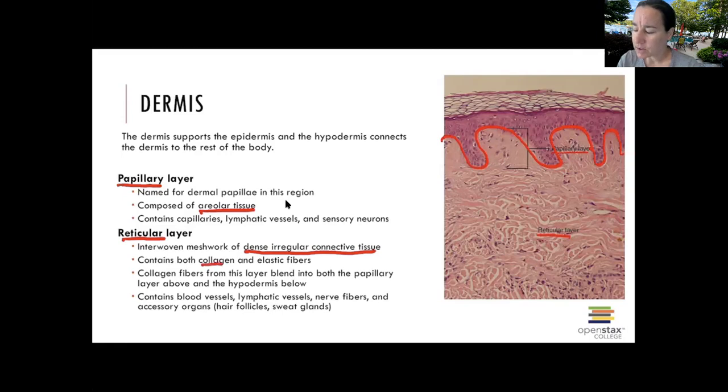So you're going to have in the reticular layer dense irregular connective tissue. You're going to have collagen, you're going to have elastin, so it is both strong and stretchy. And you're going to have in this area the blood vessels, the lymphatic vessels, nerves, and accessory organs, those hair follicles and sweat glands, are going to be in the dermis too. So we're going to see them in the dermis, and they're going to come up through the dermis into the epidermis.